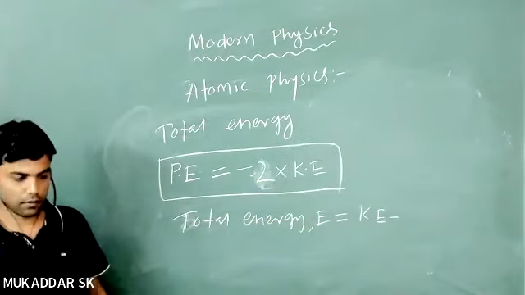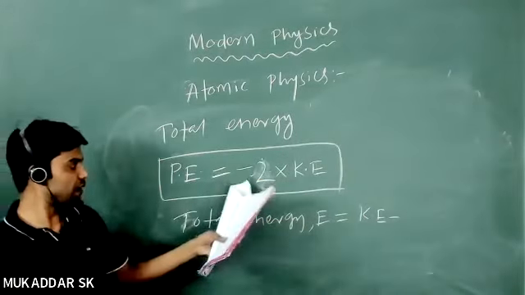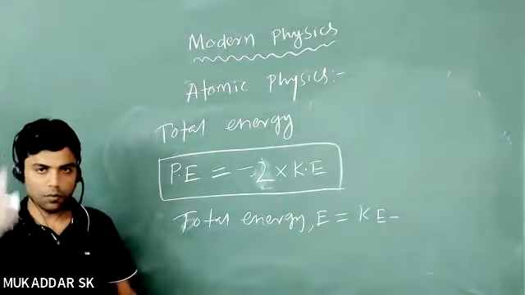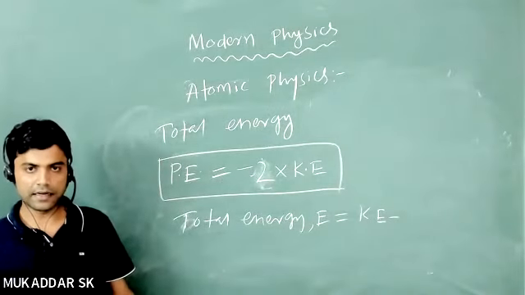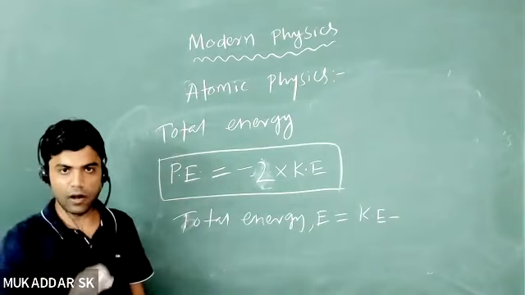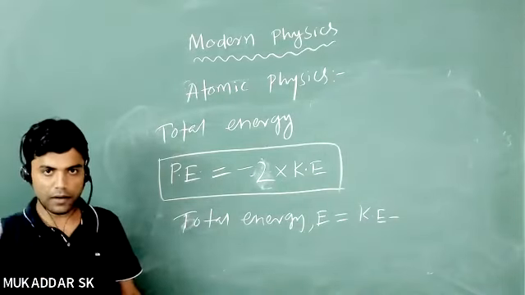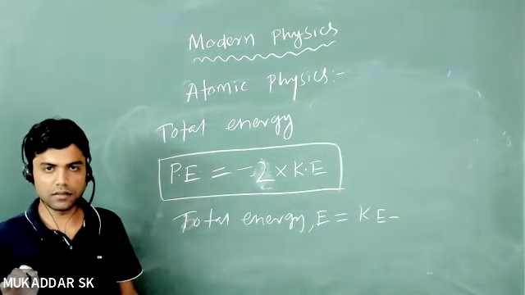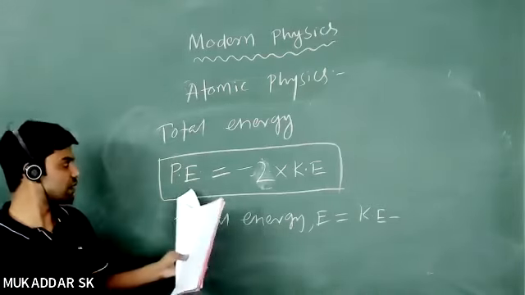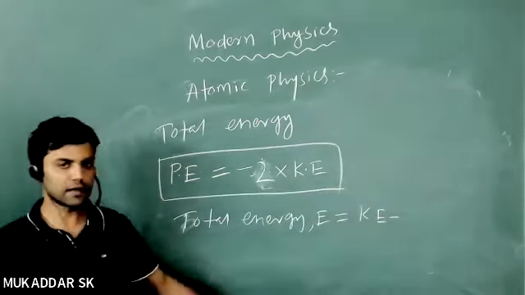Please check it: the potential energy has 1 by 16, but in kinetic energy you have 1 by 32. If you multiply and divide the potential energy by a factor of 2, you will see the potential energy is minus twice of kinetic energy.